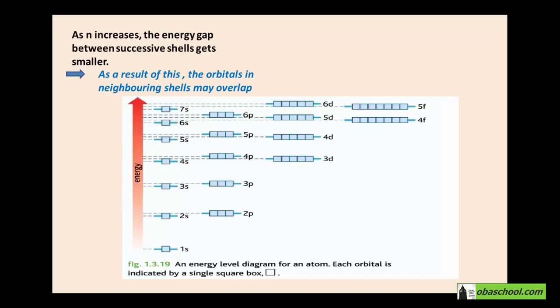Thus, if the number of shells is high, the subshells may overlap. As energy increases, the chance of overlapping also increases.